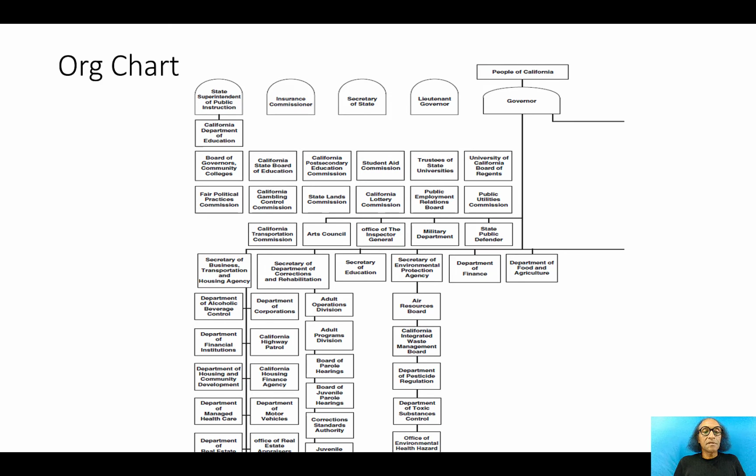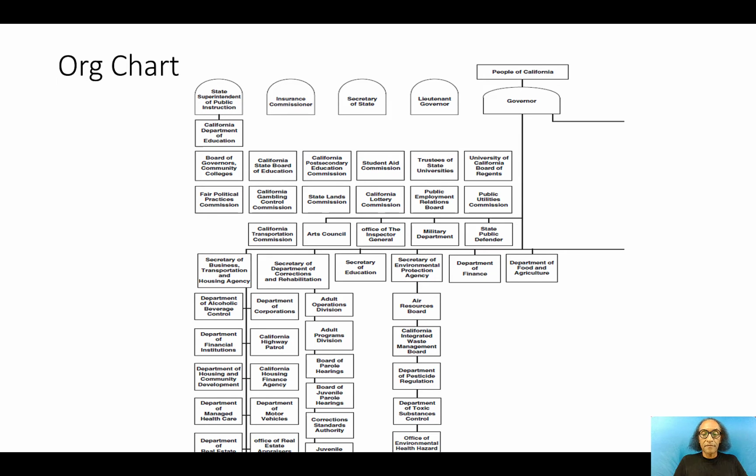And so, as you can see, the state superintendent of public instruction consists of the California Department of Education, the Board of Community Governors of Community Colleges, and so forth. And then under the governor's office, you can see the various boards and commissions, including the California State Board of Education, Student Aid Commission, University of California, and Cal State itself.